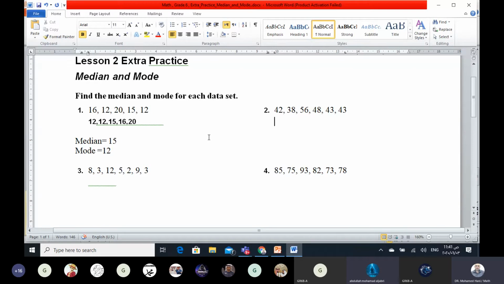Okay, see with me now. Listen to me now. The first step, order the data from the small number to the big number. The smallest number here is 38.